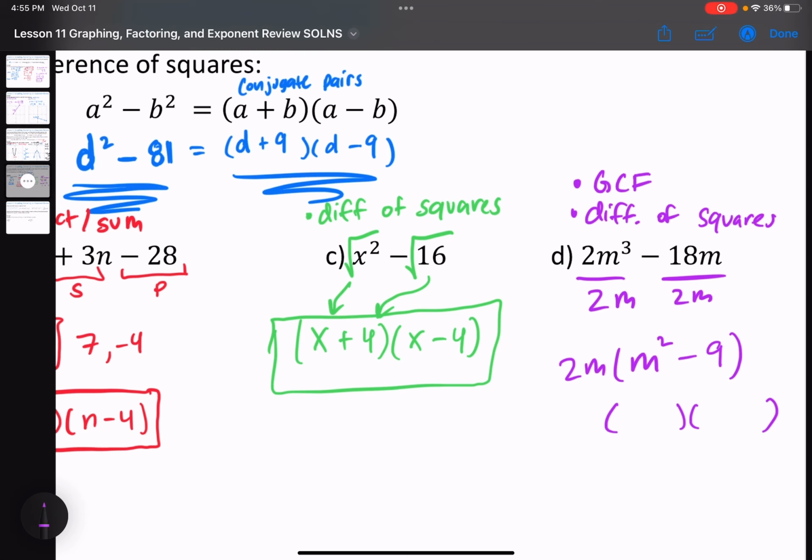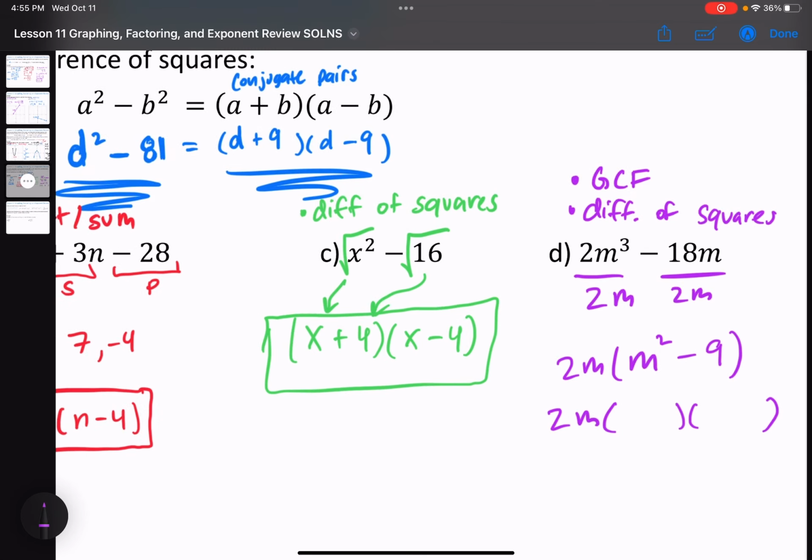So I would end up with 2m times m plus 3, m minus 3. And this would be our fully factored form, just making sure that we can factor as low as we can go.